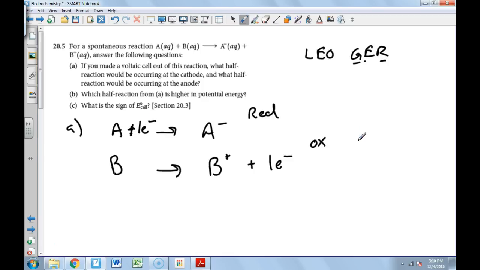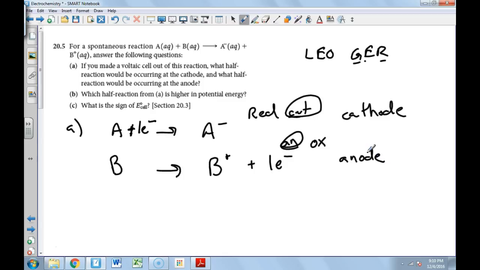And so that gained 1 electron. And then we're going to use what I call the barnyard principle. Okay, so we have a red cat, so this is our cathode, and then we have an ox, that's our anode. So our cathode is that reaction, and then our anode is this reaction.